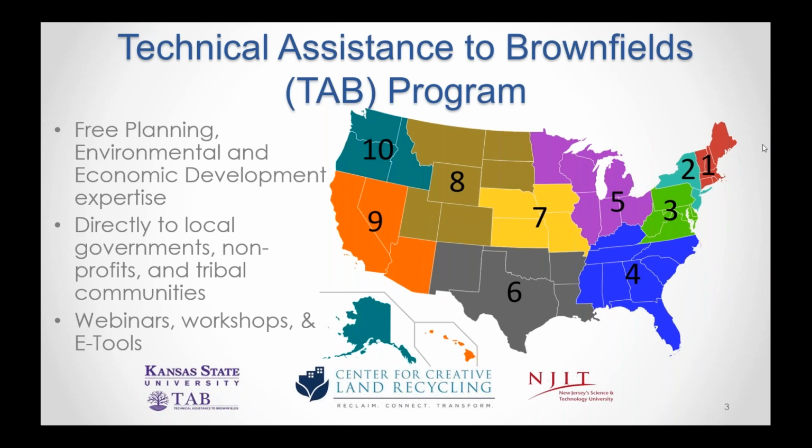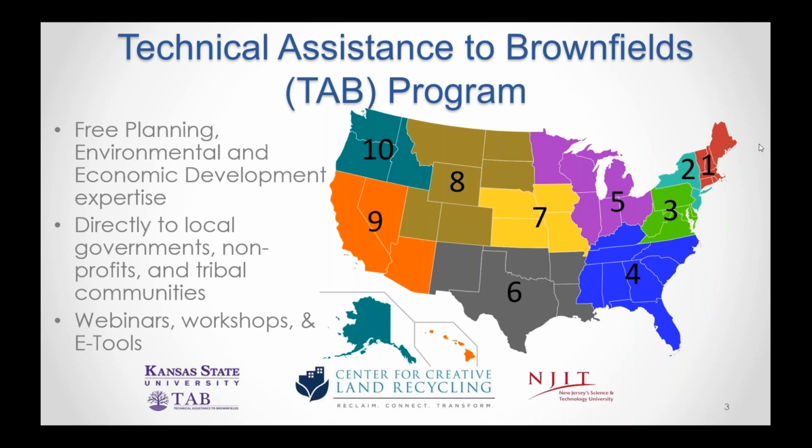So a little bit about the TAB program. We are a network of planners, environmental, and economic development experts that provide direct technical assistance to local governments, nonprofits, and tribal communities, as well as webinars like this one, workshops, and e-tools to assist folks in redeveloping brownfields.